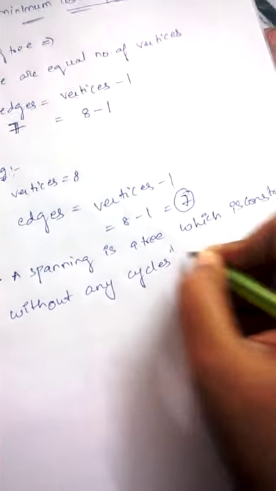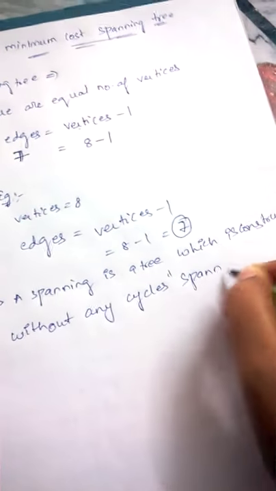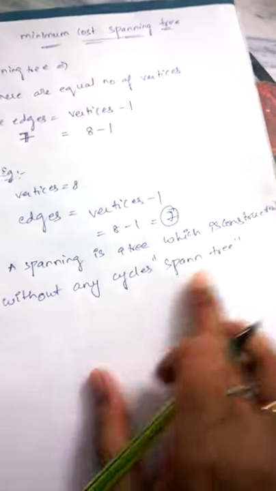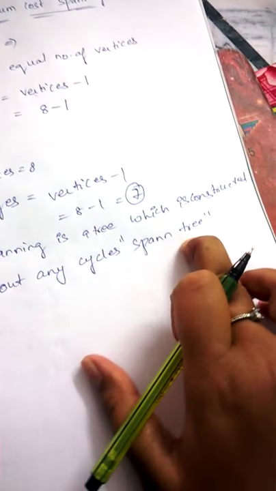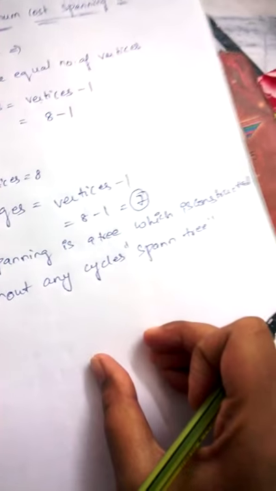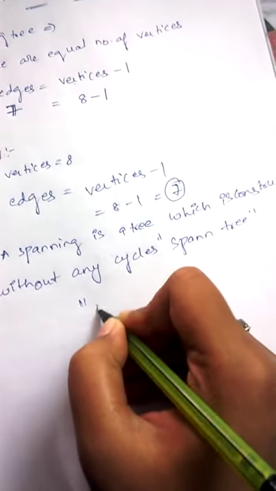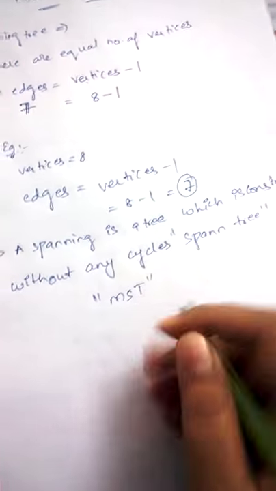That is called a spanning tree. Now if you construct this spanning tree with the minimum cost and the minimum path, then that is called the minimum spanning tree. This is the concept of the minimum spanning tree.